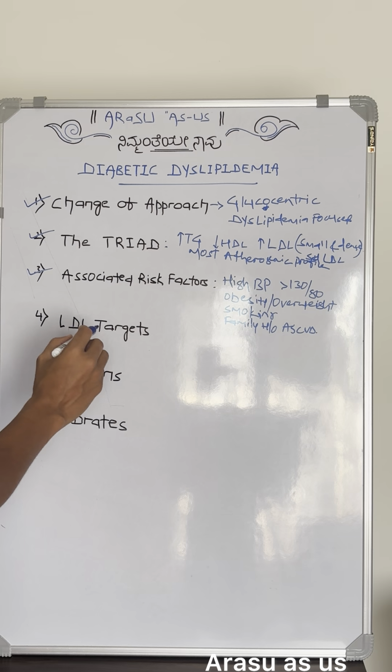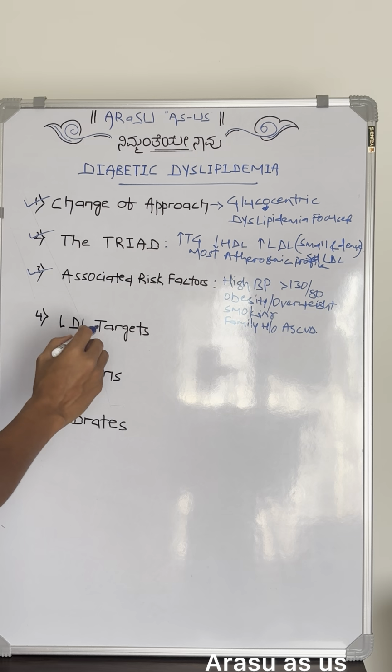So this is the triad of diabetic dyslipidemia, and whenever we see this picture in a lipid profile report, it is considered the most atherogenic profile. So we have to be very careful in such conditions. So this is about the triad.